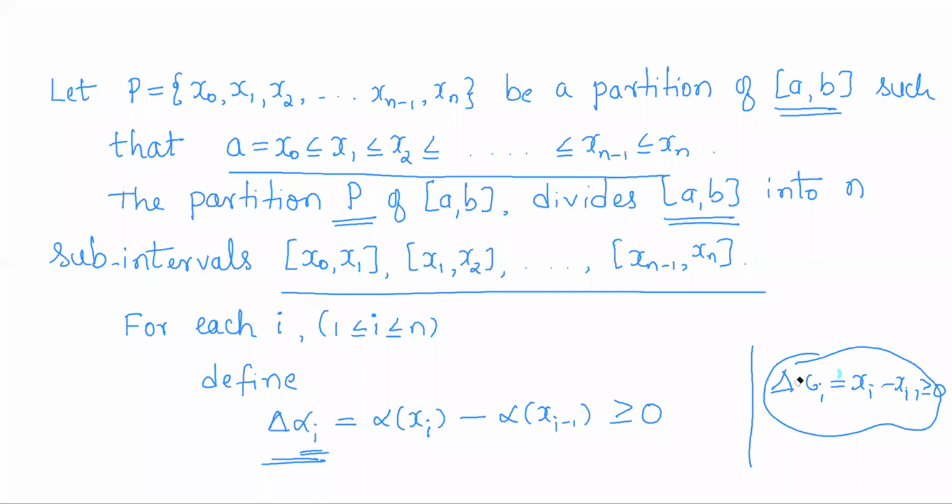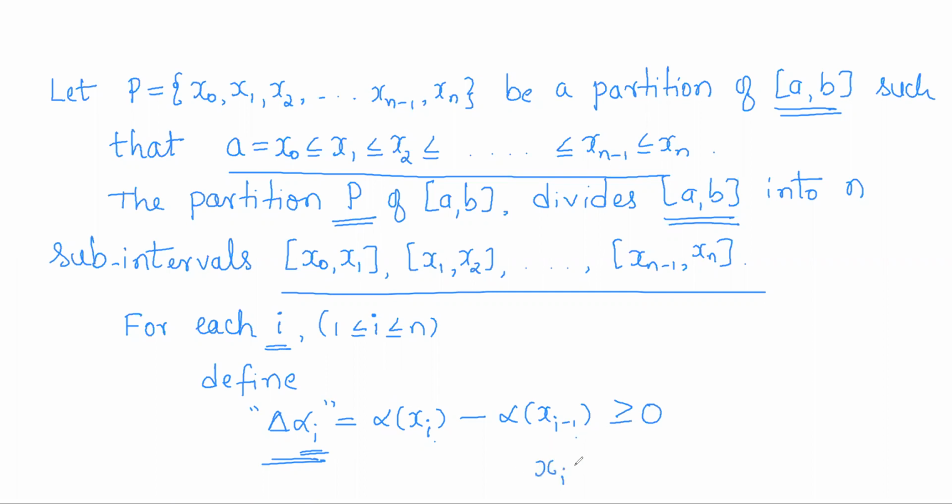So we forget this delta xi. Now in that place, we use the notation delta alpha i, where we are using the increasing function alpha. So for each i, we shall define delta alpha i to be alpha xi minus alpha xi minus 1, as xi is greater than or equal to xi minus 1 in the increasing order.